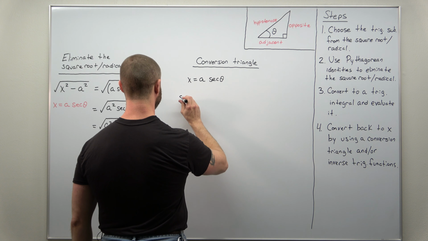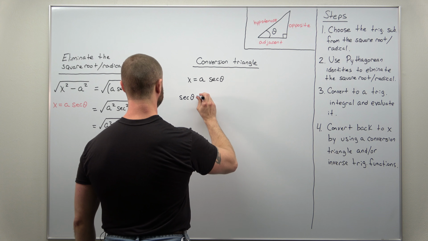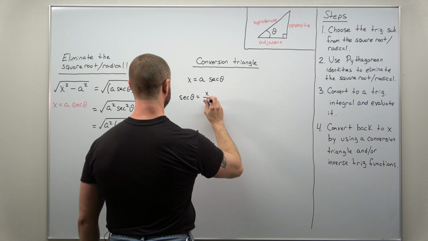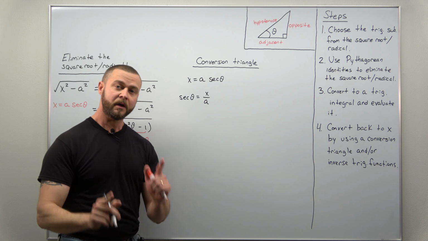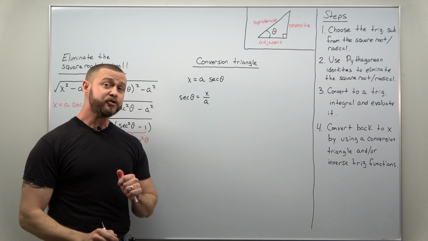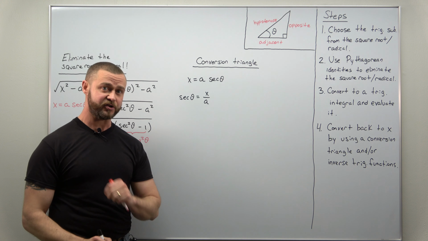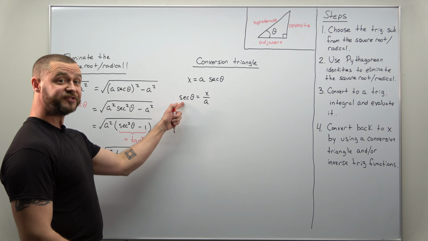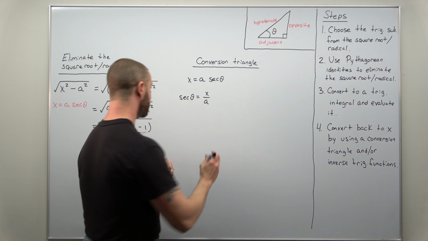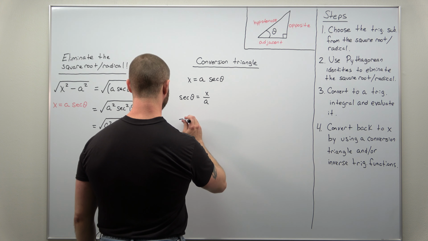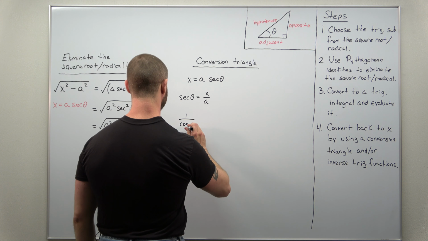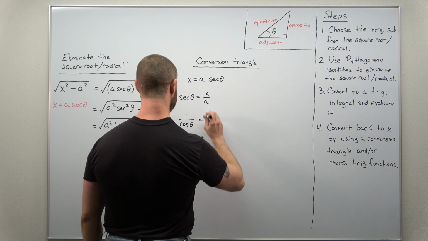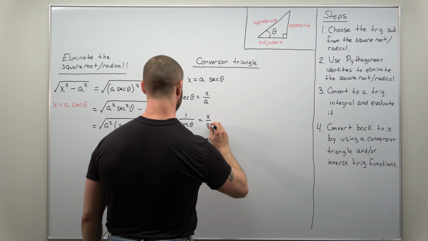Divide by a over again. So we get secant of theta equals x over a. And I always like to think in terms of sine, cosine, or tangent. So let's rewrite secant as 1 over cosine. So we get 1 over cosine of theta equals x over a.